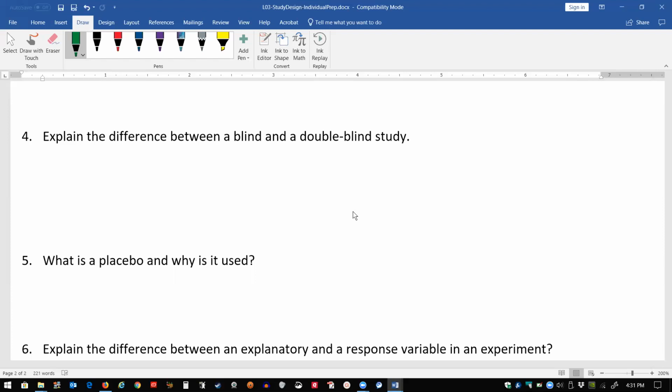to eliminate that, we can use a blind study. All right, so a single blind study, so just a blind study, the participants don't know if they're in the control or the treatment.